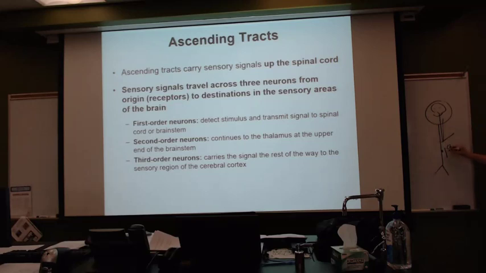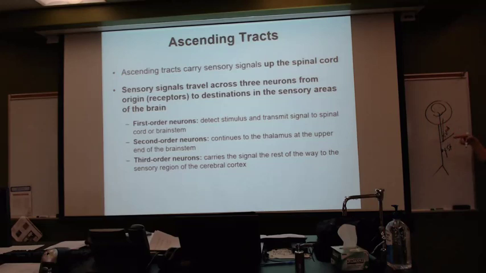And since we're talking about it being on the lower part of the body, we'll come up to a lower region of the spinal cord because that's where that nerve is going to meet. So, it will meet its second order neuron in the gray matter of the spinal cord. Is everybody with me?